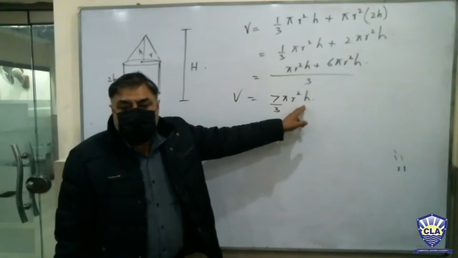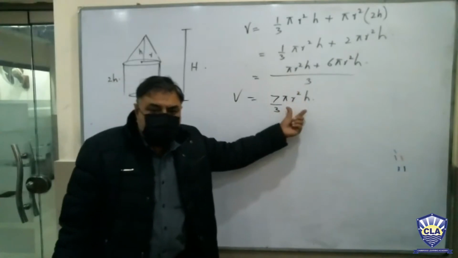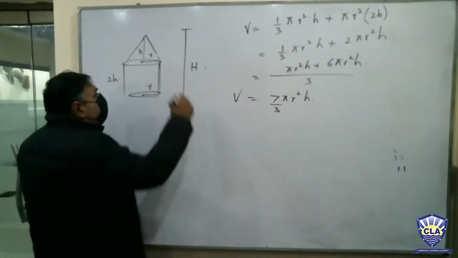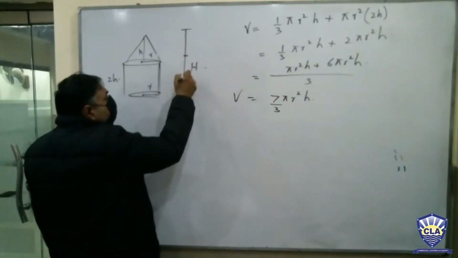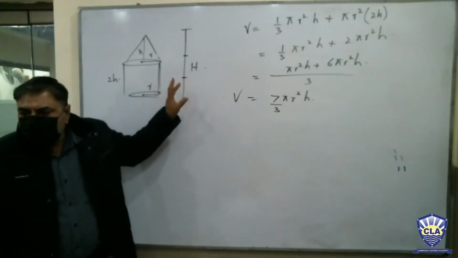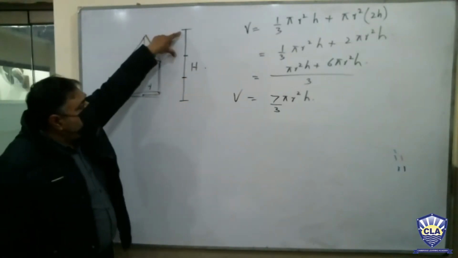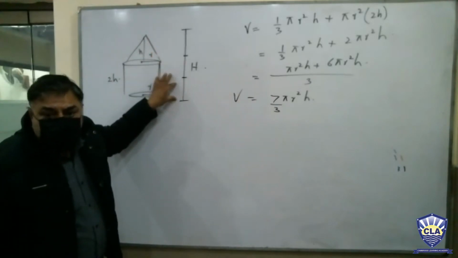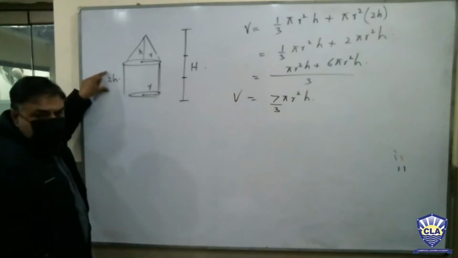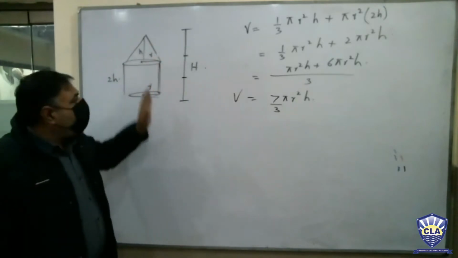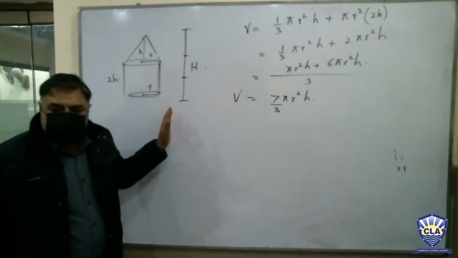Capital H is divided into 3 equal parts. If one part is the height of the cone, then 2 parts is the height of the cylinder, 2h. It is 1:2. Now total parts are 3.